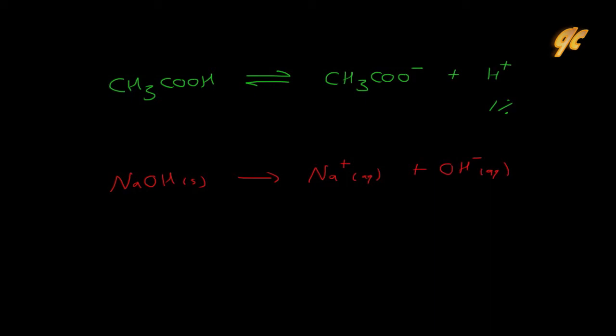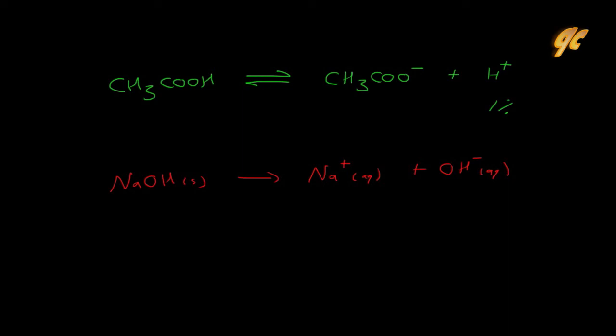And Arrhenius suggests that while acids contain the hydrogen ion, so when they ionize in water they have hydrogen ions in water, with a base it's the hydroxide ion that dissociates from the base in water.